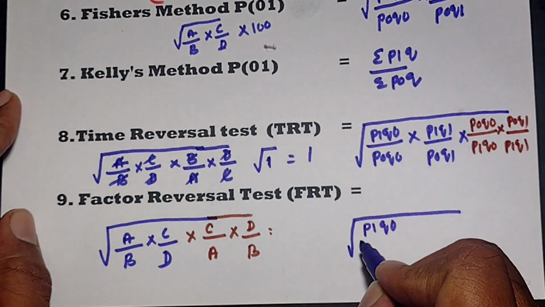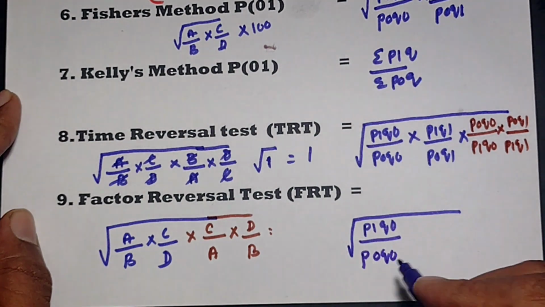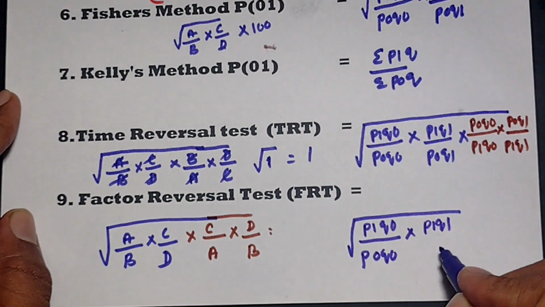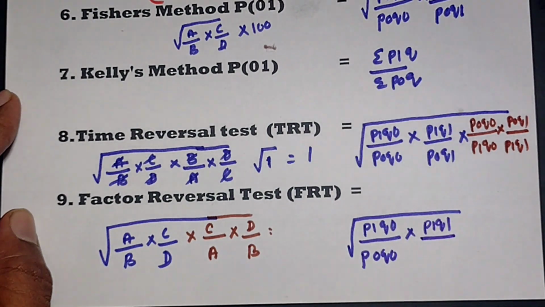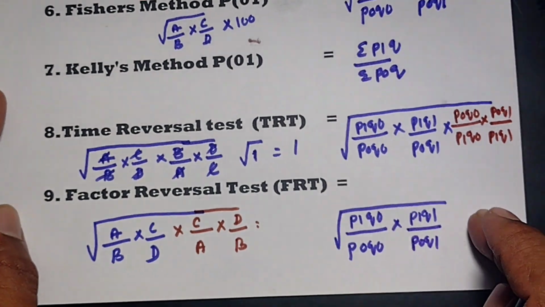P1 Q0 is A and P0 Q0 is B, multiplied by P1 Q1 divided by P0 Q1.